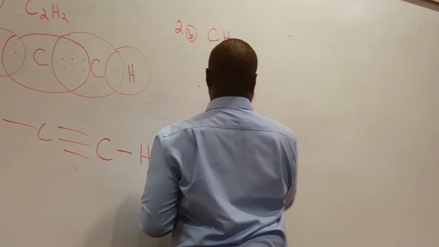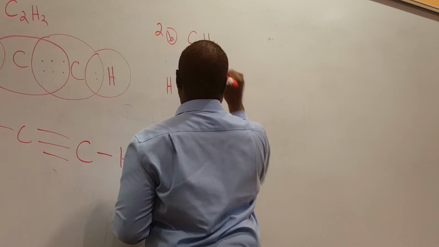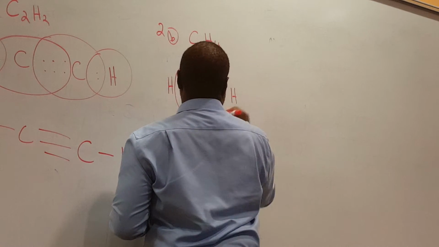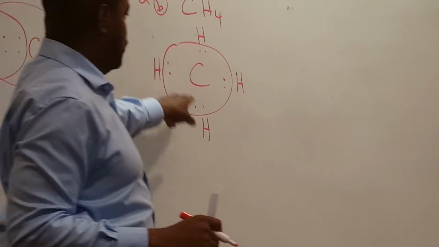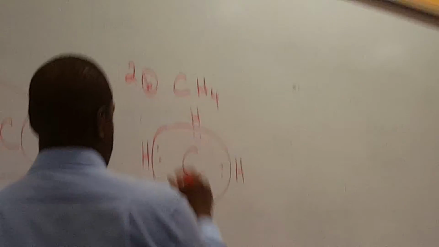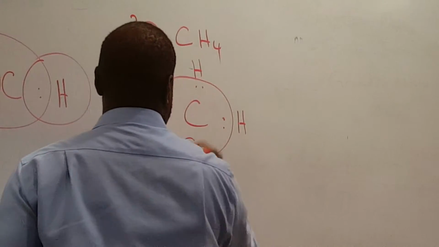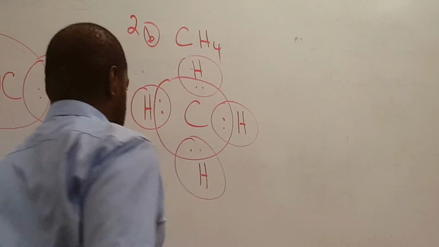Hydrogen comes in with 1 electron each. Now I draw that to encompass my overlap. See? 2, 4, 6, 8. Carbon's happy. Right? Now you get 1, 2, 3, 4.